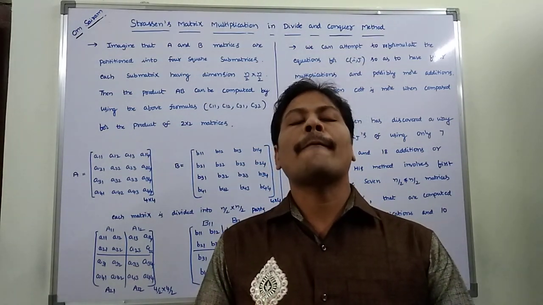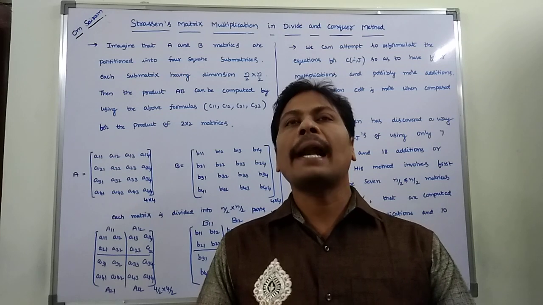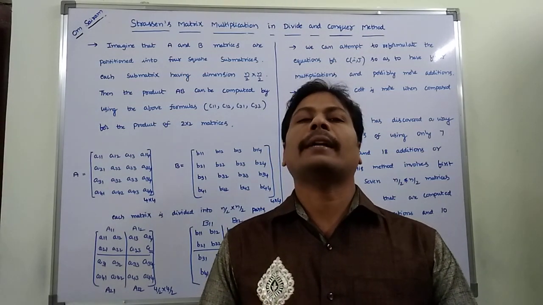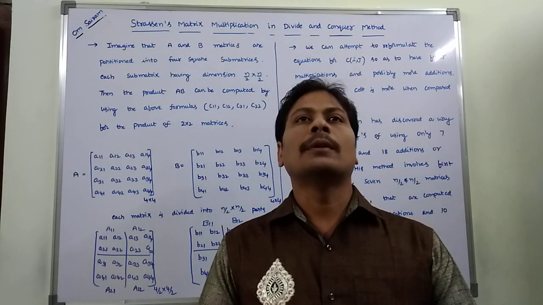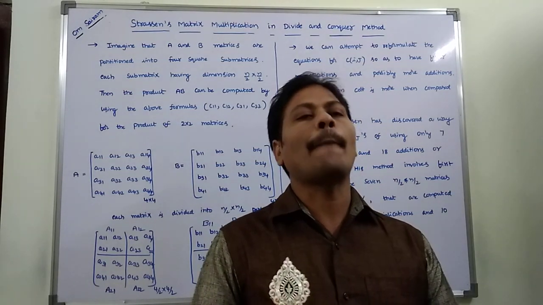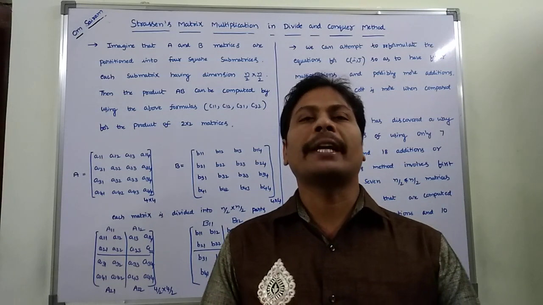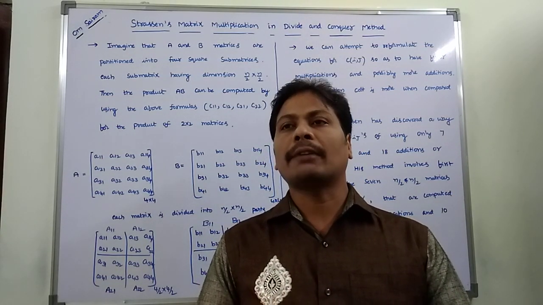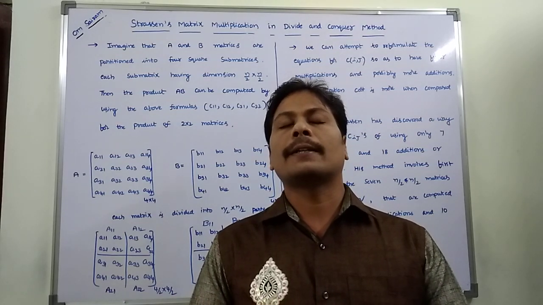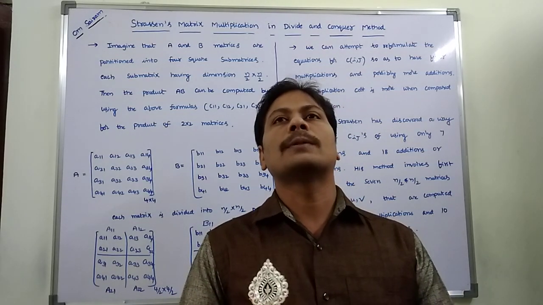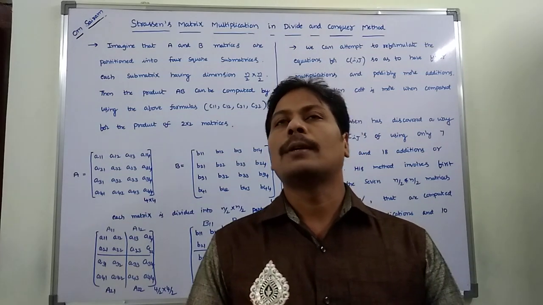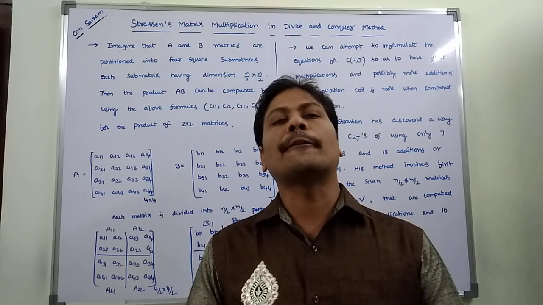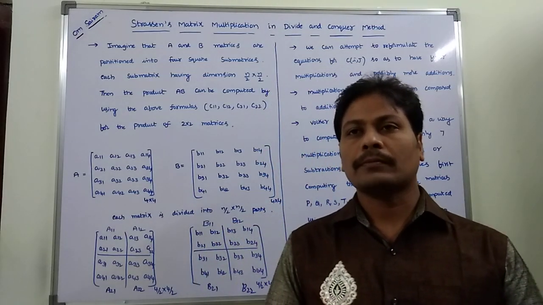Previously, we saw that if the matrix size is n by n, where n is equal to 2, then to perform multiplication between the matrices A and B we need C11, C12, C21, C22. That has 8 multiplications and 4 additions.